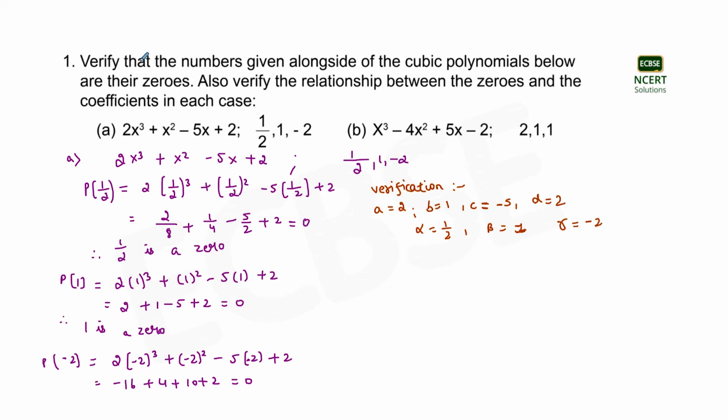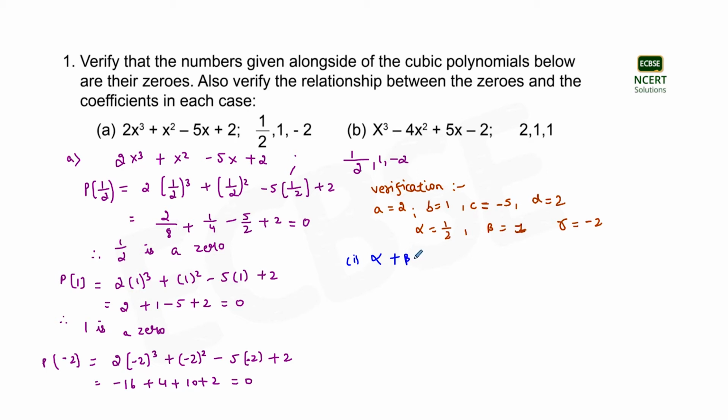Now coming to the first part of the verification. We will verify whether or not the sum of the zeros comes out to be equal to minus b over a.